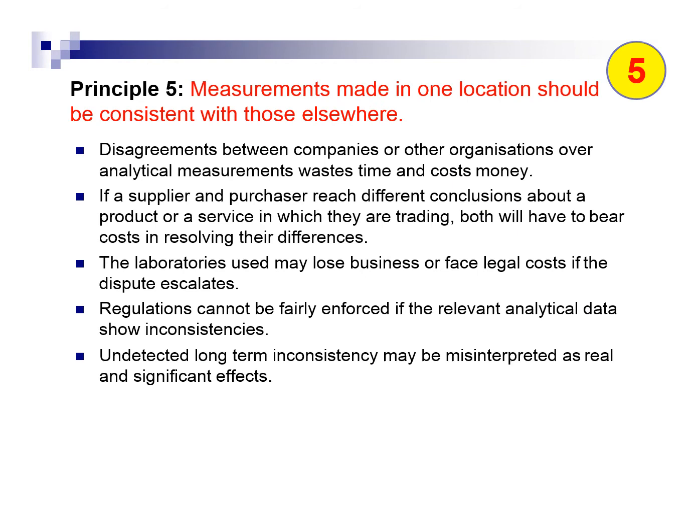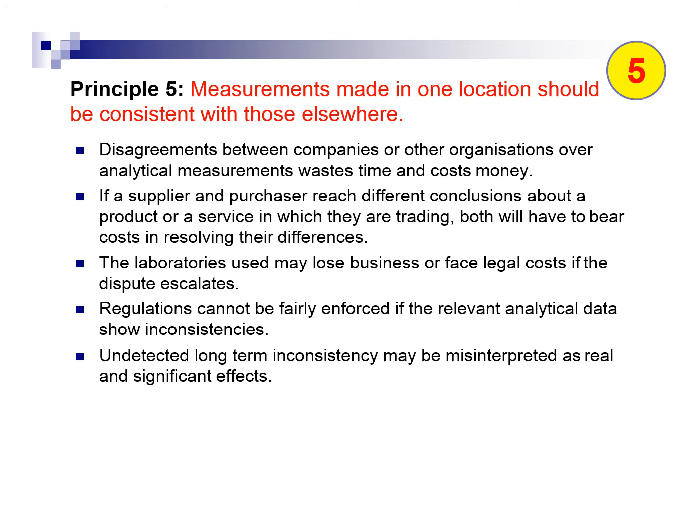As for principle number 5, measurements made in one location should be consistent with those elsewhere. The meaning of this basically class, disagreements between companies or other organizations over analytical measurements waste time and cost money.